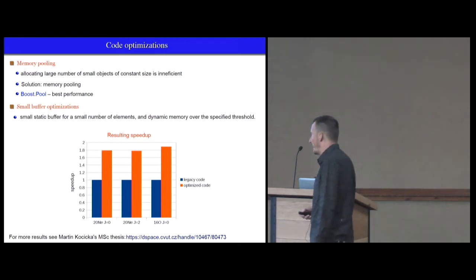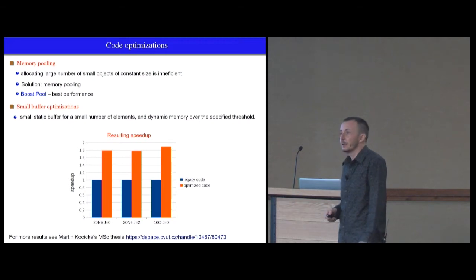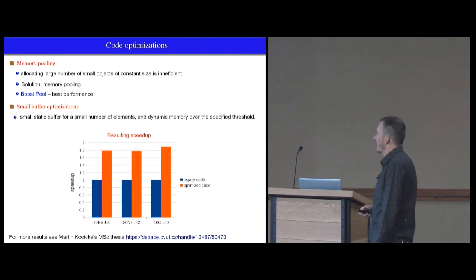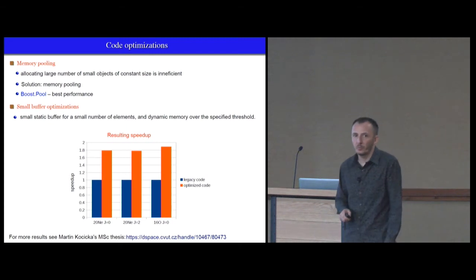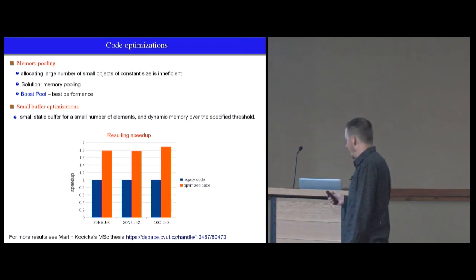And so we adapted a new class that uses a static buffer on a stack, which is much faster. And only in case that the size of the vector is over specific threshold, then we use dynamic allocation. And again, we adapted class from Boost library, and it works just fine for us.